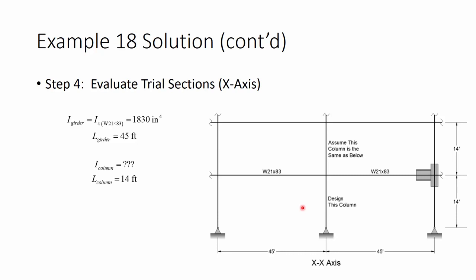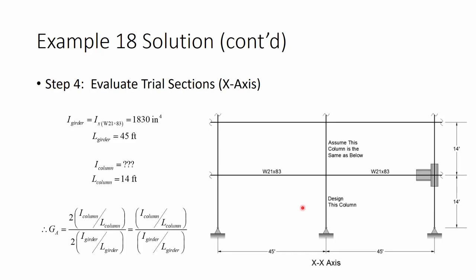So when we compute our G values, remember the way that we compute G values is we take the sum of the I over L's for all the columns framing into a joint divided by the sum of the I over L's for all the girders framing into the joint. Now to explain what's going on in this formula down here, remember we only need to compute G for this joint here where the laser pointer is, that upper point, because that's the upper joint on the column.